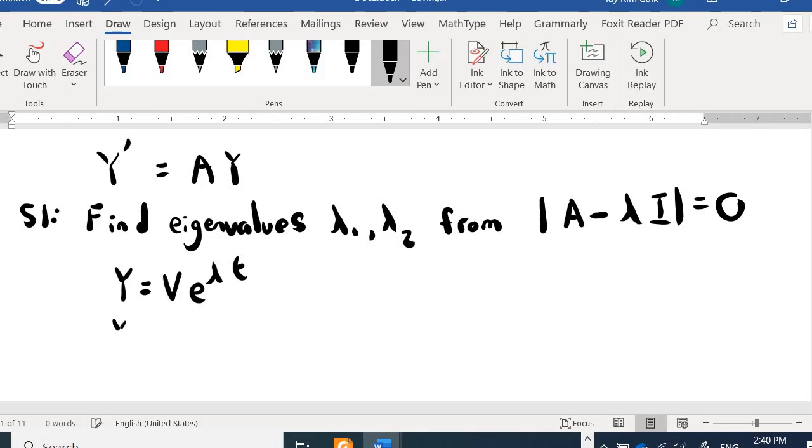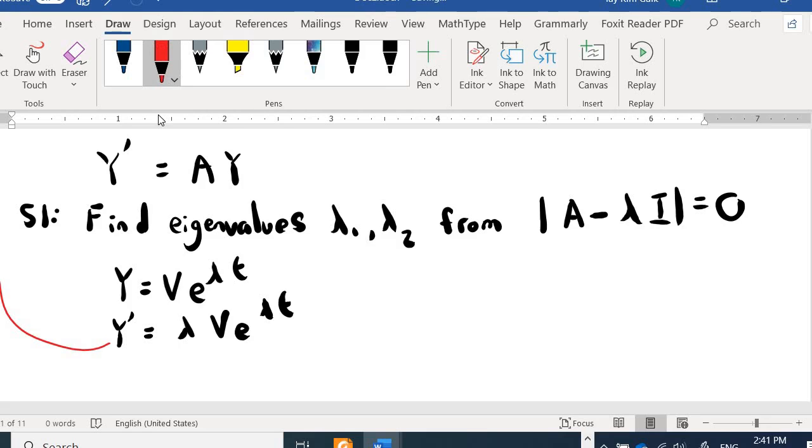To get y prime, you differentiate with respect to t, where v is a constant and lambda is also a constant, so you get lambda v exponent lambda t. Then you substitute y prime and y into the system.